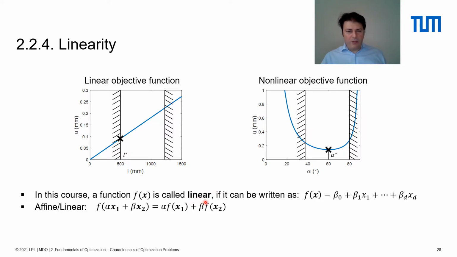So when we say linear, what we mean is that you can express your function by this, okay? It does not mean affine linear, which would mean that we have to satisfy this formula here. We mean linear in a less strict sense, namely that we can represent our functions by this expression.